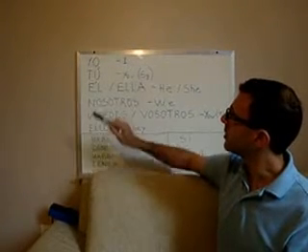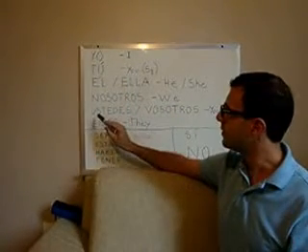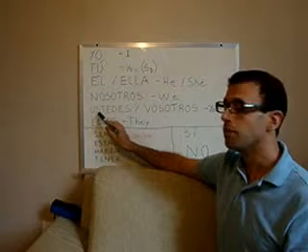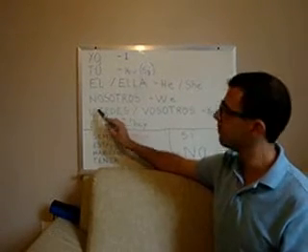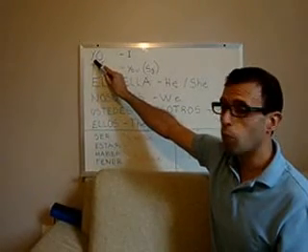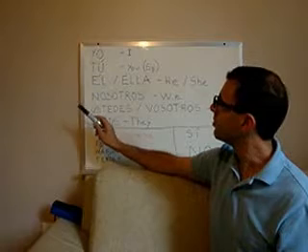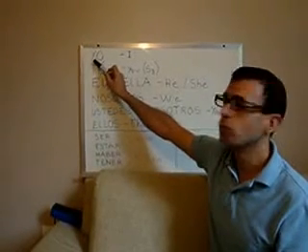So, if you know how to pronounce every sound in every situation, every letter, you should be able to read correctly. So, the Y is pronounced Y. So this would be yo, yo.